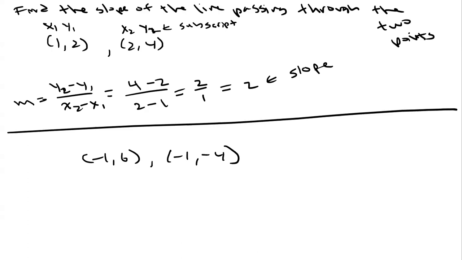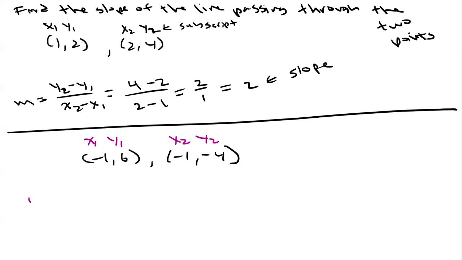Again, we're going to do exactly the same thing as we did before. We're going to label this x1, y1, x2, y2. Technically, it doesn't matter which one you identify as x1, y1. It could be the left one, or it can be the right one, and make the other x2, y2. If they have the same slope, then it doesn't matter which one goes first, because the output will be the same.